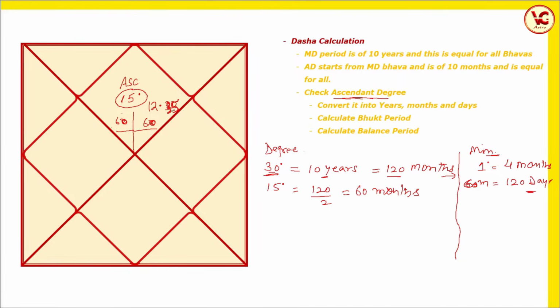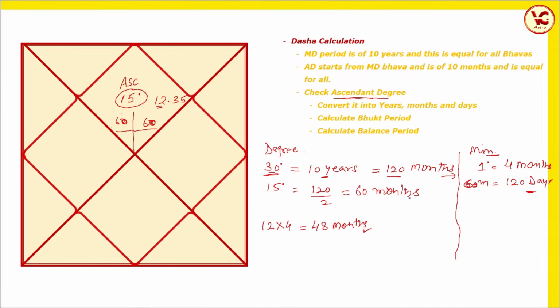So here I have taken the example of 12 degree 35 minutes. For 12 it will be 12 into 4 is equal to 48 months, and for 35 we have to calculate. So roughly, if the Jatak was born with ascendant at 12 degree and 35 minutes, he has already bhukt 48 months.